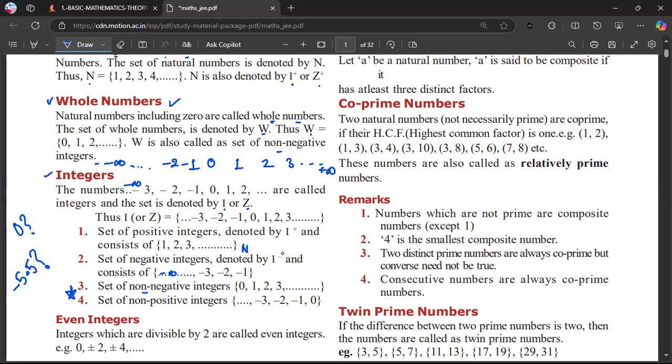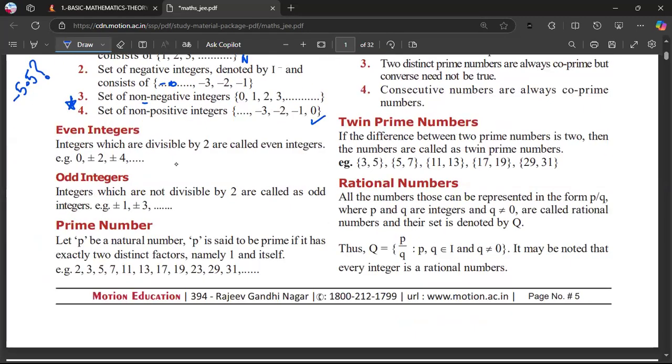That's a special thing, because 0 is not negative, so that's why we have included 0. And 0 is neither positive, so the set of non-positive integers will also have 0, right? Yes. So note this point. So this is about integers. Everything clear? Yes, sir.